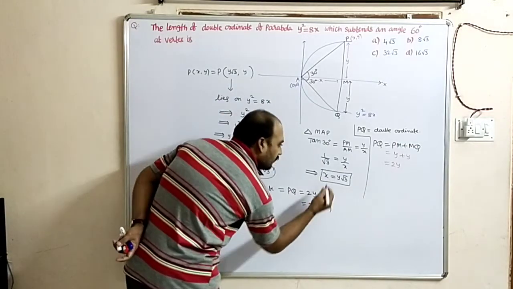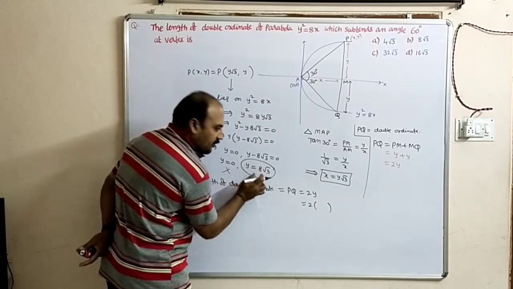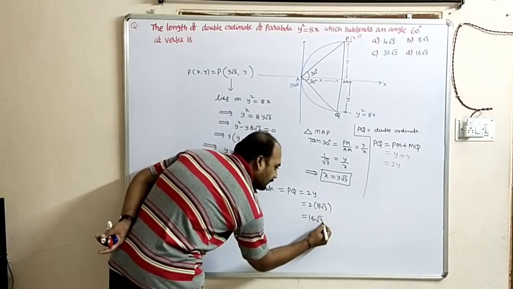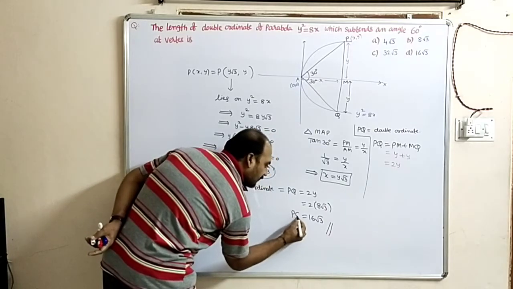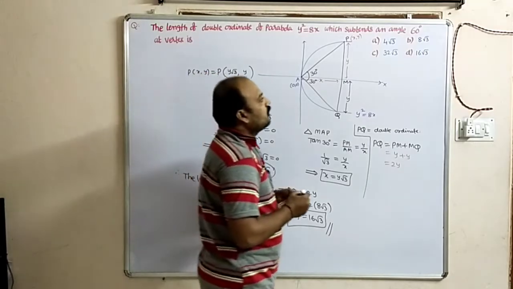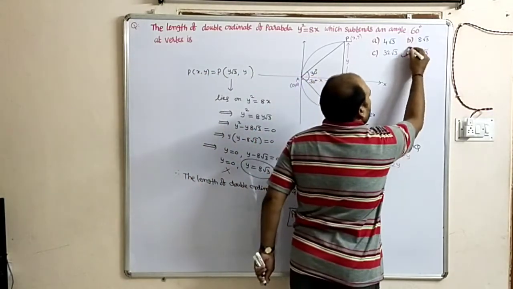So 2 into y value is 8 root 3, we got it here, which is equal to 16 root 3. Therefore, the length of chord PQ equal to 16 root 3, which is there in the option 4th.